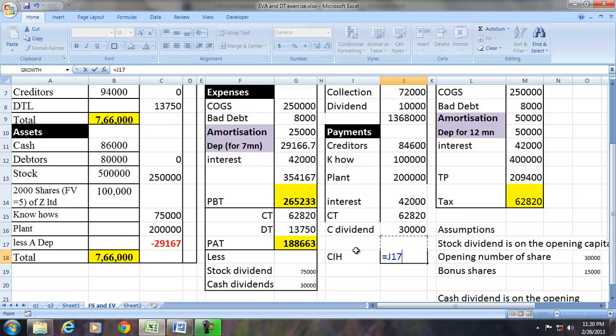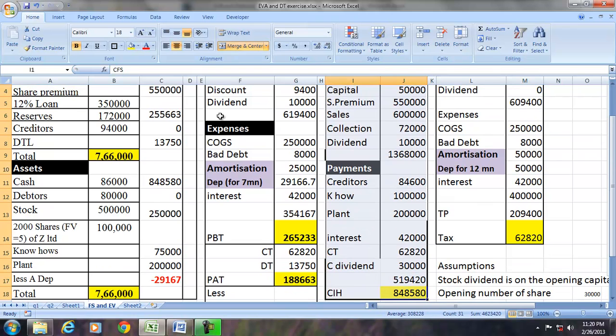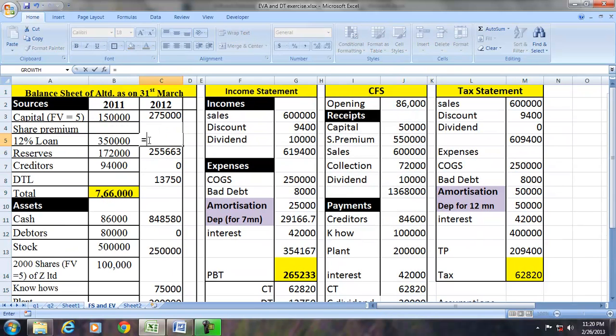So cash in hand is equal to 848,580, and cash is an asset, will be shown on the balance sheet. So cash flow statement done, income statement done, tax statement done. We'll close the balance sheet.